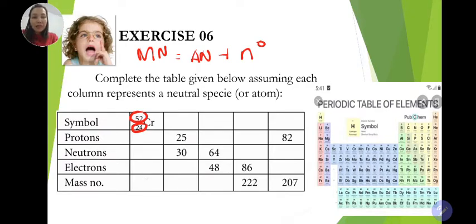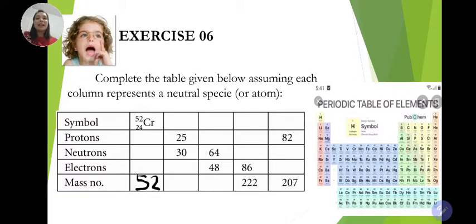So, let's fill in the mass number: 52. We know that the atomic number also represents the number of protons. So, if we have 24 as our atomic number, it automatically means that our number of protons is equal to 24.